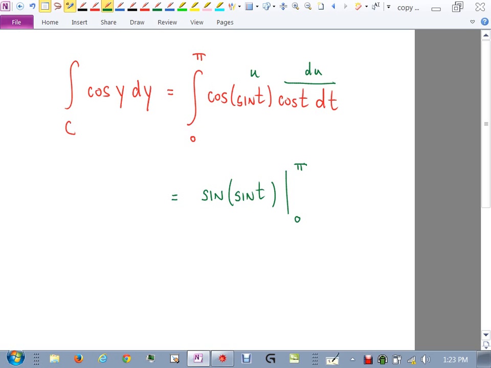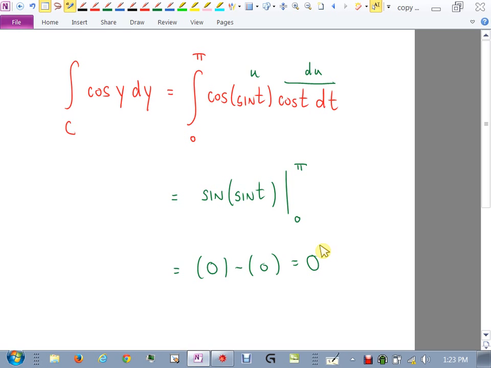What's sine of pi? 0. And then what's sine of 0? 0. So I get 0 minus 0, to get 0. So the whole thing is for nothing, right? Literally for nothing.